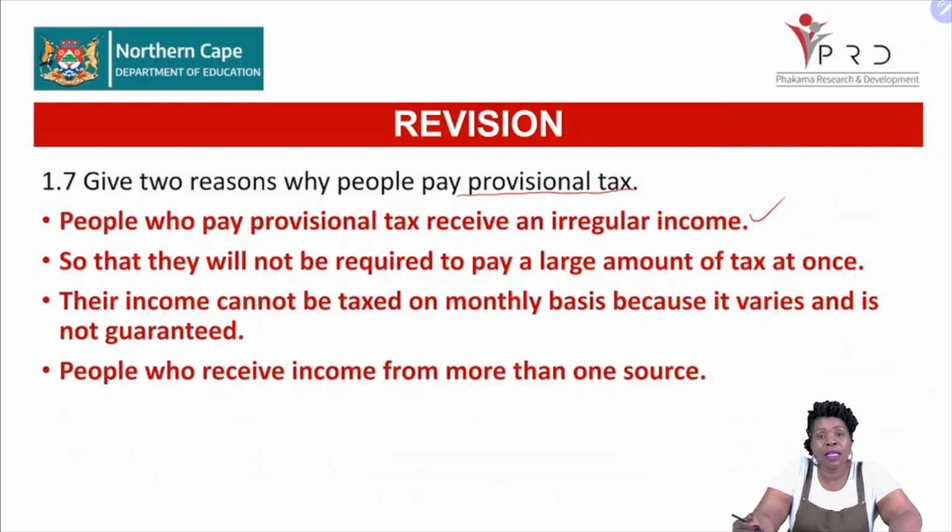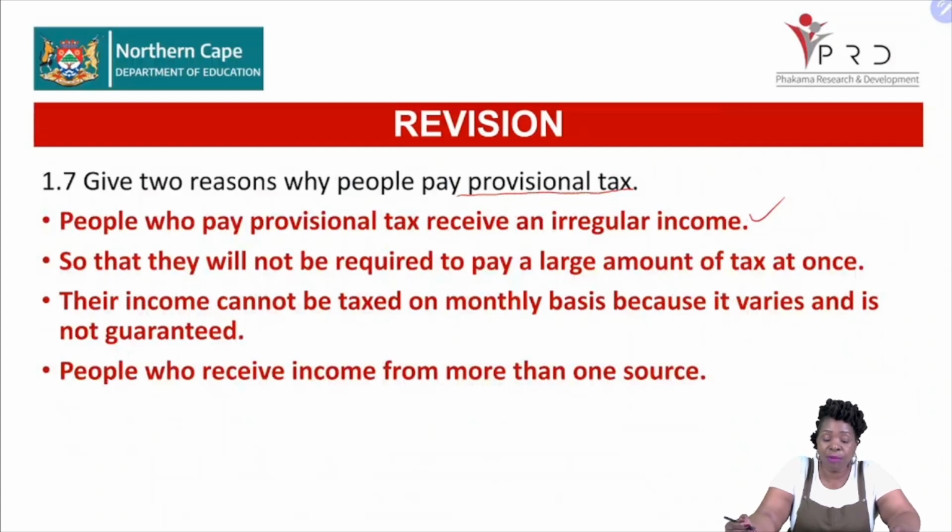Who receives an irregular income? For example, farmers, right? Farmers do not have a regular income. It comes maybe after the harvesting period. That could take maybe 6 months, or maybe after a year, that is when they harvest.